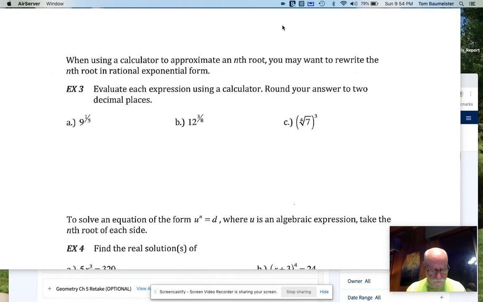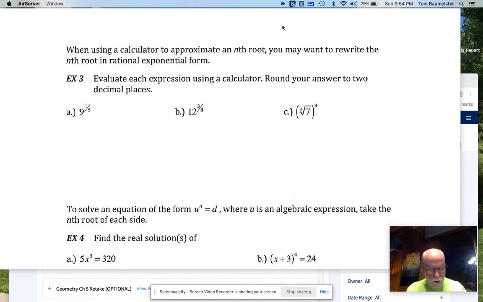I find that sometimes you might have to do this. So I'll have 9, and remember, the caret is what raises it to something. On some calculators, when you do that, it will put it up there and then you can just put it in fraction form. Other times, with other calculators, you're going to have to put it in parentheses.